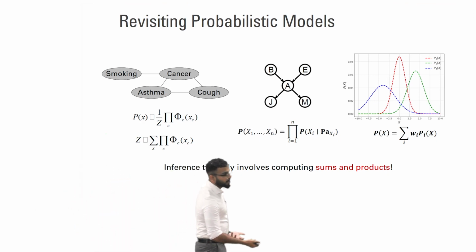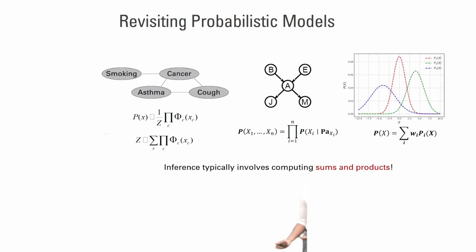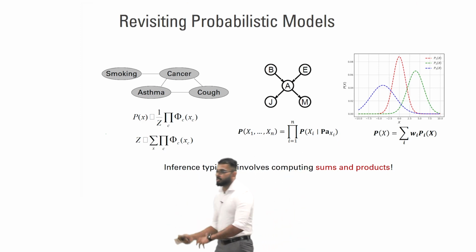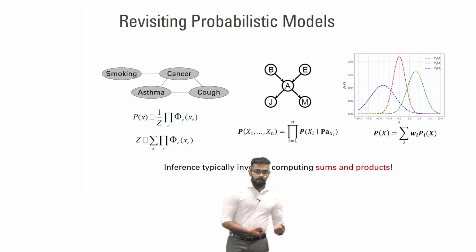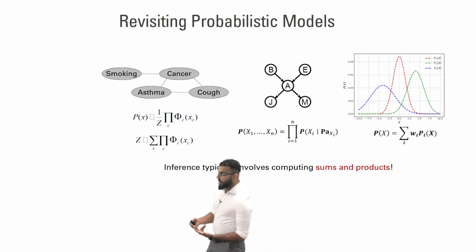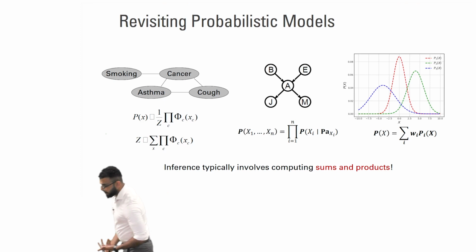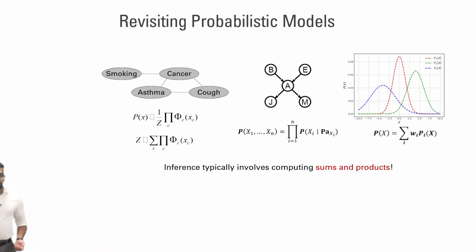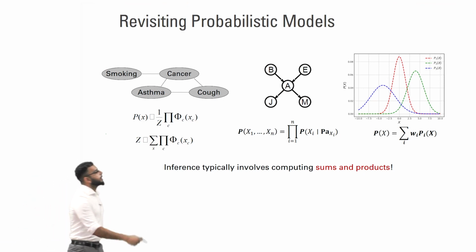P of A comma B, if A and B are independent, is just the product of P of A and P of B. So from a probabilistic sense, products are, from a computational perspective, linked with factorizations. And in things like Gaussian mixture models and even in some of the exponentially weighted functions that we saw yesterday, you also saw summations that kept popping up.